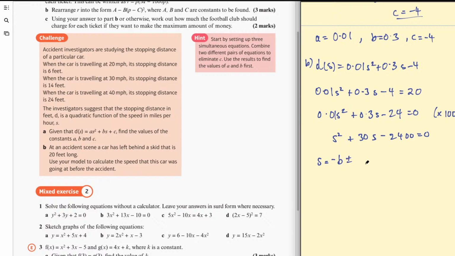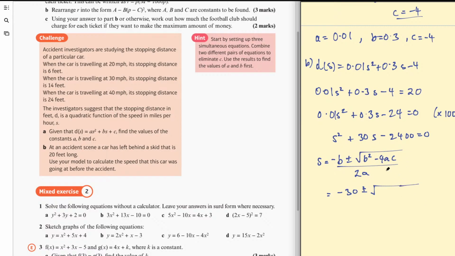so I don't waste too much time. So this is -b plus or minus the square root of b squared take 4ac, all over 2a. -30 plus or minus, oh actually I might go back to the decimals for this. Oh well, why not?